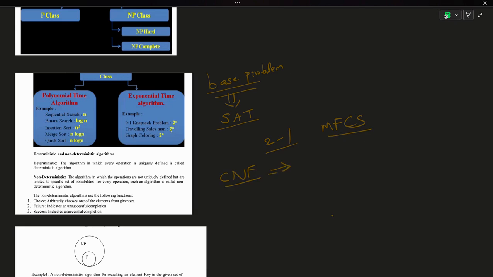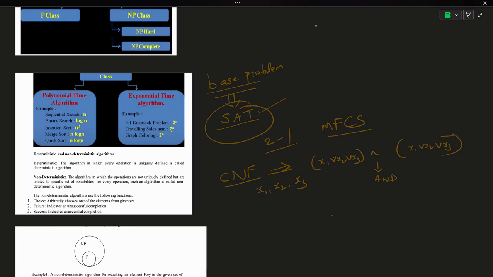Conjunctive normal forms are generally formed by a conjunction of disjunctive clauses. If there are three variables x1, x2, x3, I'm writing an example of CNF. In the middle, you will have the symbol of AND between the ORs: x1, x2, x3, x1, x2, and x3 bar.